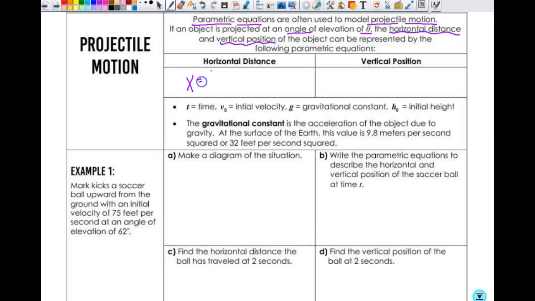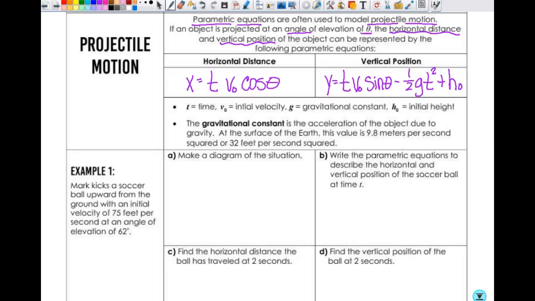So x equals t times v sub 0 times the cosine of theta. And then y equals t times v sub 0 times the sine of theta minus 1/2 g times t squared plus h sub 0.